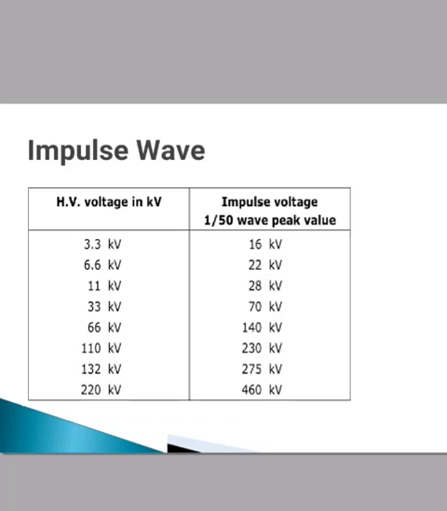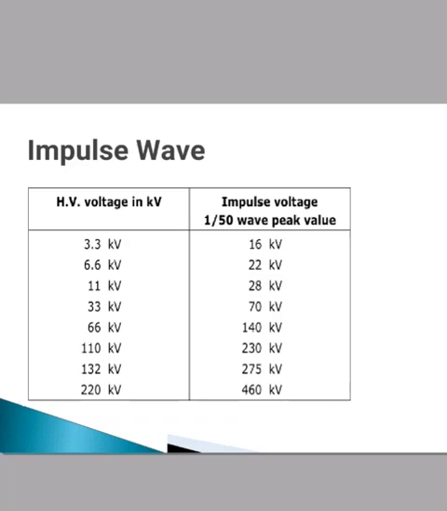The impulse test consists of the application of a limited number of unidirectional surge voltages to one or two phases of HV and LV windings. The standard test voltages to be applied in this test are given in the table.